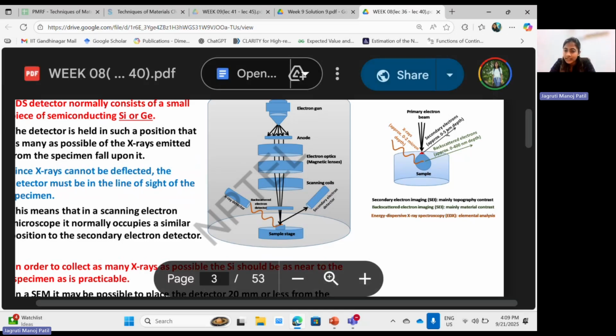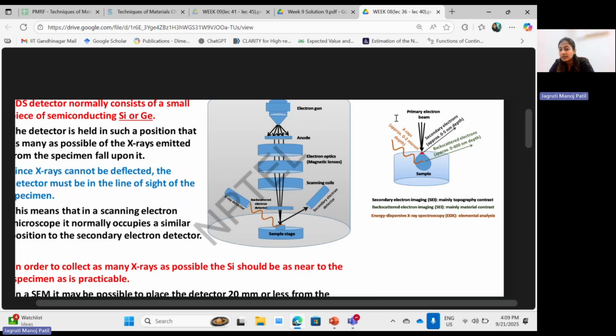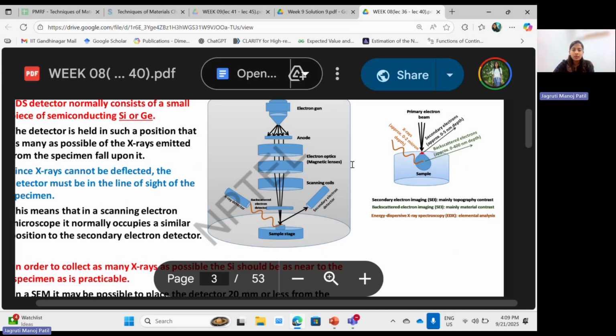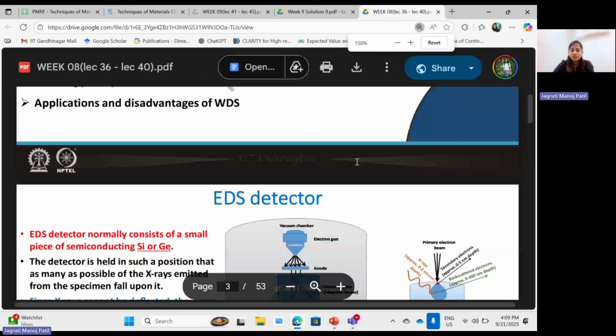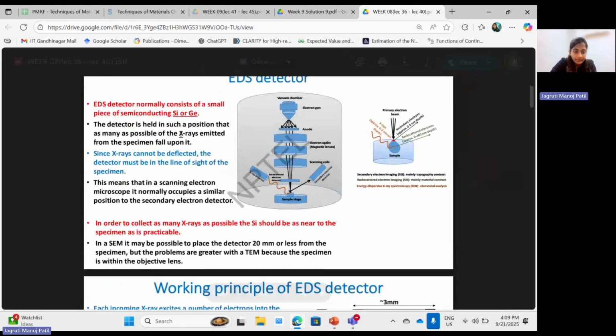The secondary electrons come from up to 5 nanometers, the backscattered ones go up to 400 nanometers, and then we have the characteristic X-rays, which come from deep enough, up to 2 microns in depth. The depth from which these electrons come and how much they go and interact with the particles is also something you should be aware of.